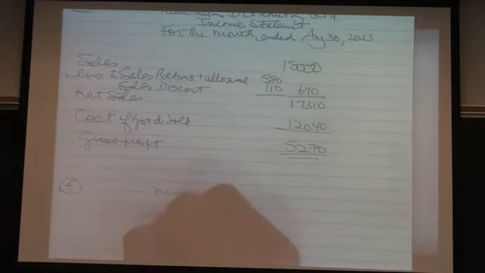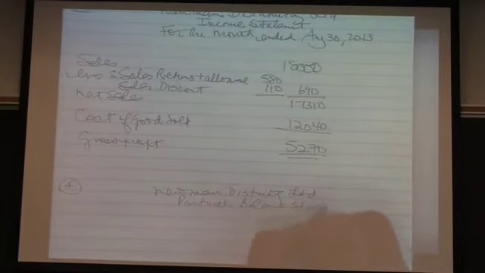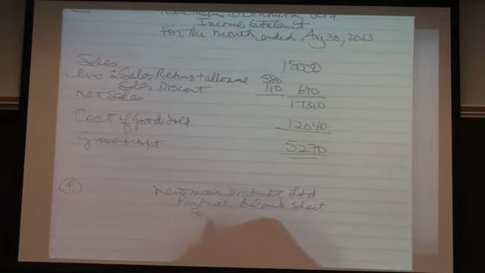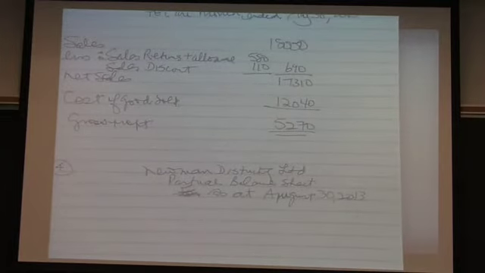So Newman Distributing Limited, partial balance sheet, for the, it should say as at actually. It's at August 30th, 2013, because it's a point in time statement.